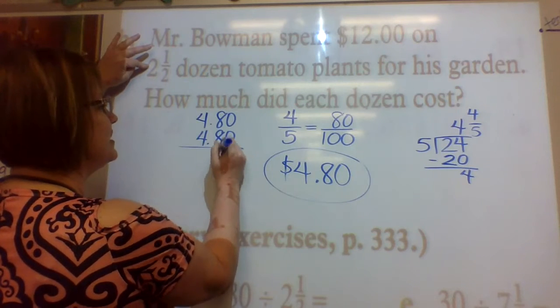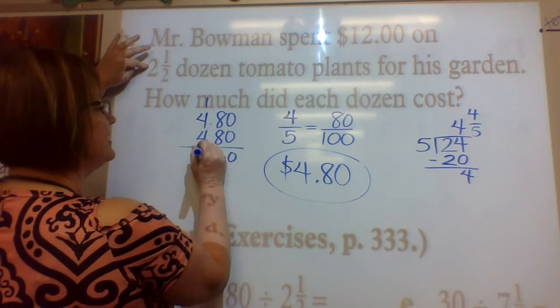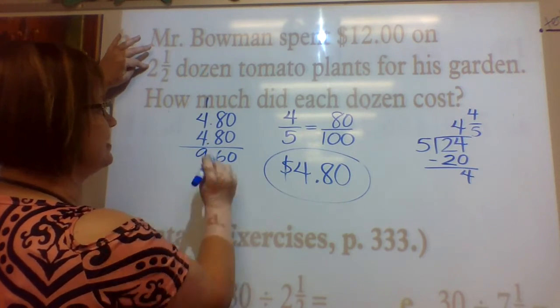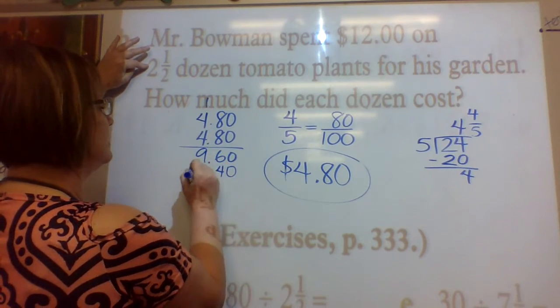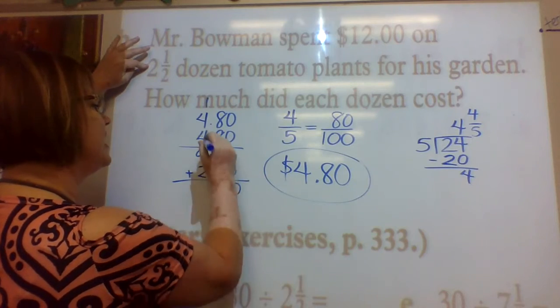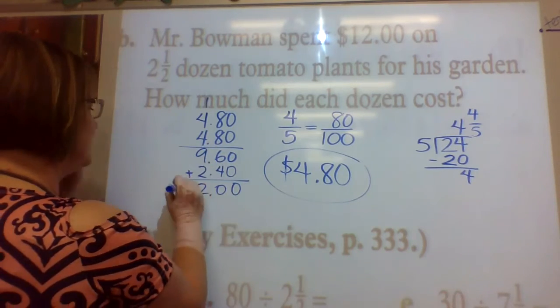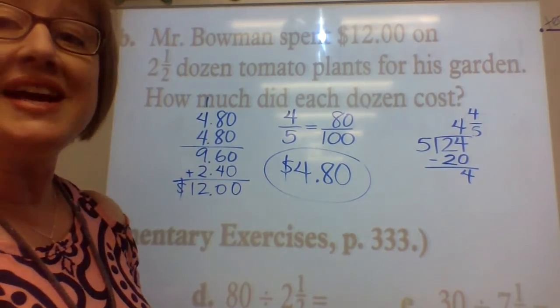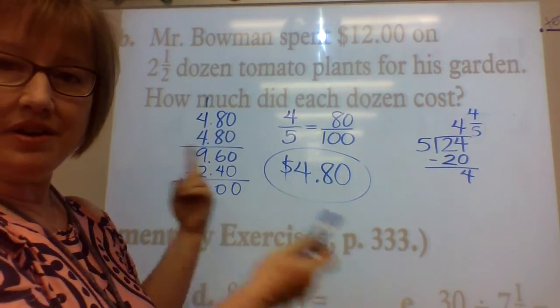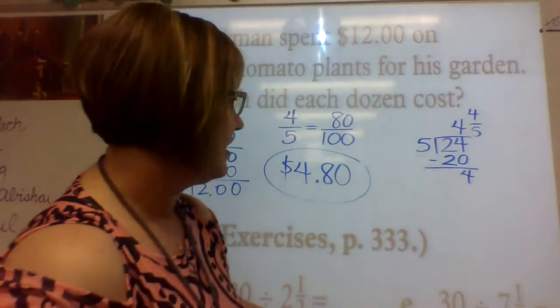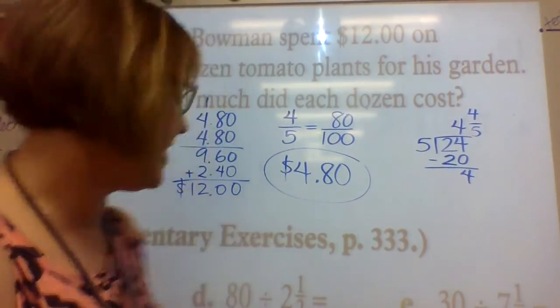That's going to be 960, and then a half of a dozen, if it's 480, would be 240. It comes out to $12. Okay, that was right. It just seemed a little bit funny. So either way would get you there. I showed you 2 different ways you can do it. So yeah, that's that.